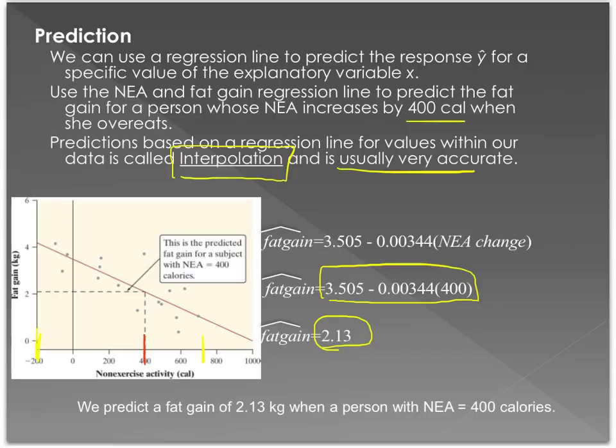And as soon as we try to predict outside that range, for example, if I tried to predict what happened at 1,000 or something bigger than that, then many times our prediction is not going to be as accurate, because we don't have any data out there that will help us see if this continues to be a line as our non-exercise activity increases. So once again, interpolation is when you predict within your data set. Extrapolation is when you predict outside your data set. Interpolation, very accurate. Extrapolation can be inaccurate at times.